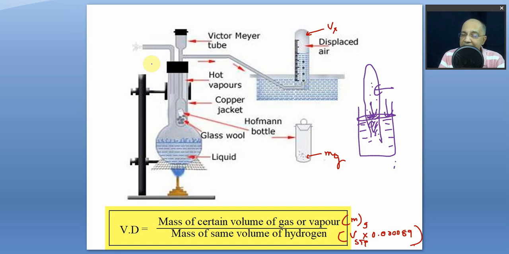Then once it is in equilibrium, no bubbles are coming, then you invert the gas jar, the collecting tube, completely filled with water, and suddenly remove this cap, drop the Hofmann's bottle, loosen the stopper so that it will automatically be opened and vaporized, and immediately restore the cap.